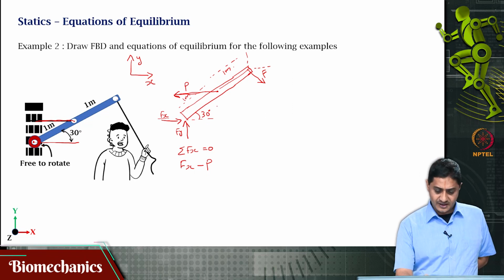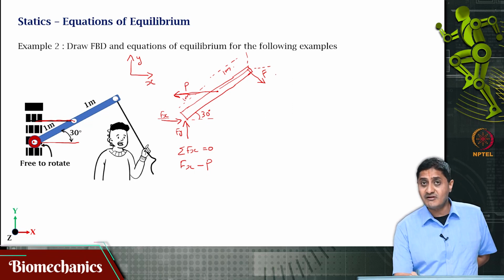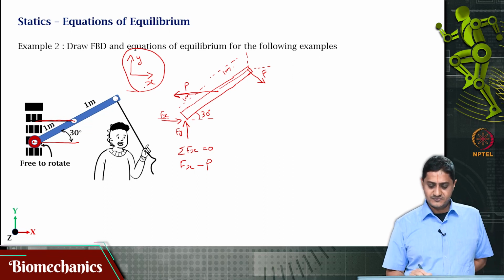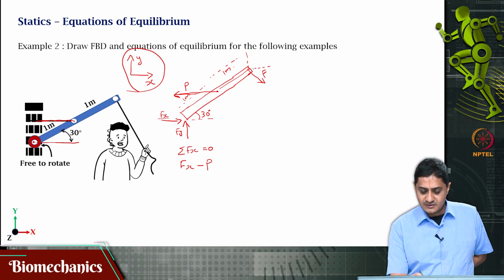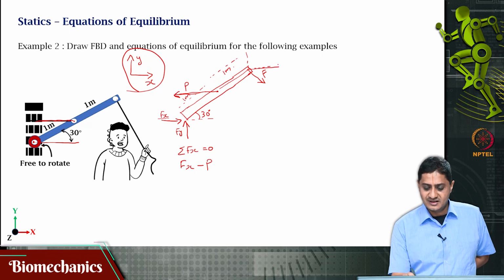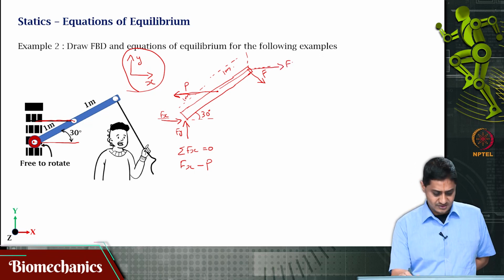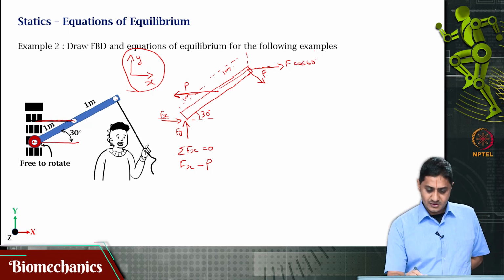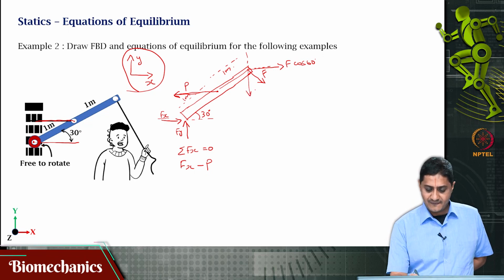Because of this reason, I can resolve that vector in this xy frame of reference, so that component would be F cos 60 and this component would be F sin 60.